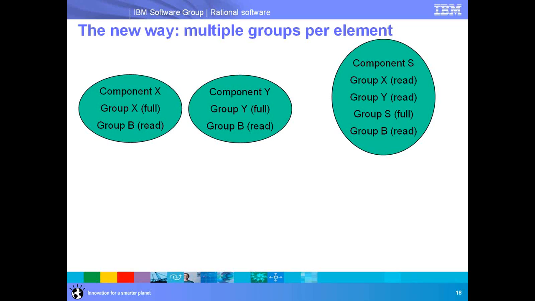So for example, let's say component X. The role file would have 2 entries, that is Group X and Group B. And the policy file would be edited in such a way as to make an entry saying that Group X will have full permission and Group B will have the read permission.